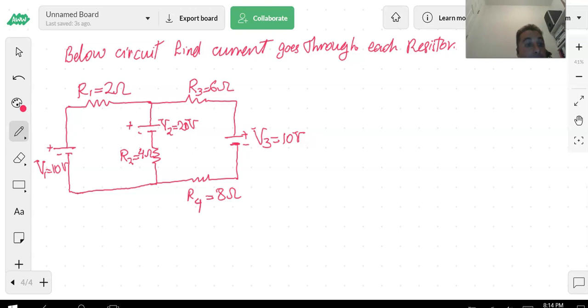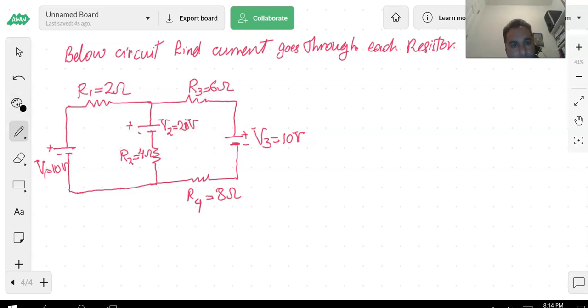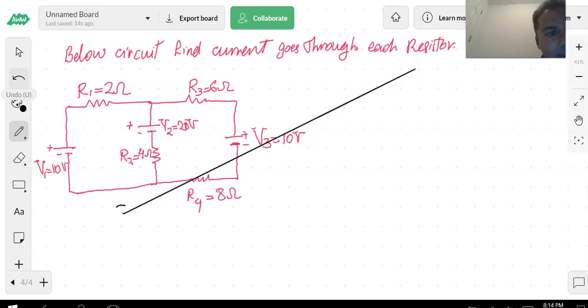Okay? Now, I will give you currents. You go all with the same direction, with the same currents. So again, it's up to you. You're completely free.